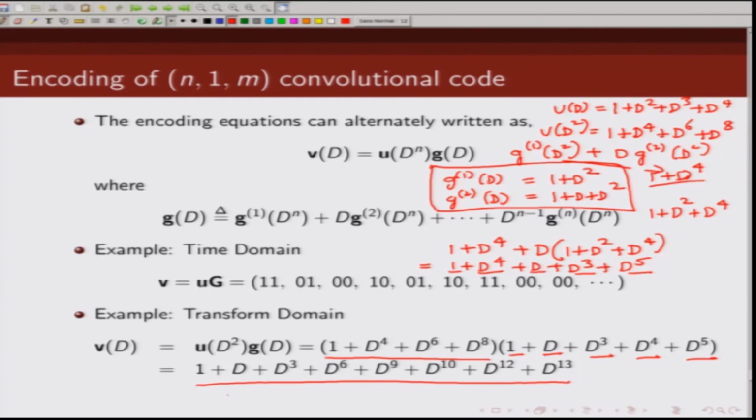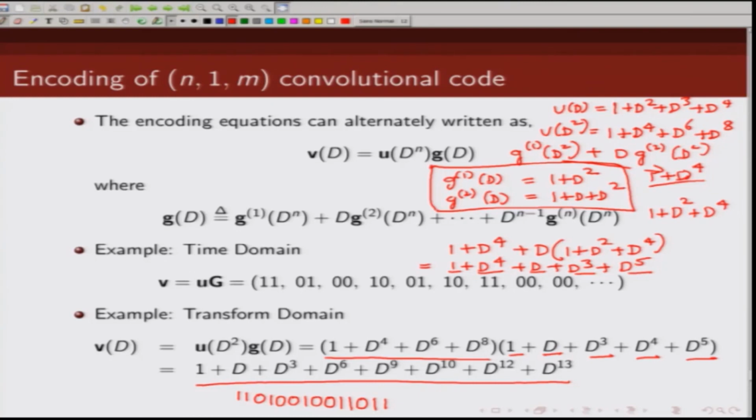What is 1? 1 is 1, D is this, D square is 0, D cube is 1, D 4 is 0, D 5 is 0, D 6 is 1, D 7 is 0, D 8 is 0, D 9 is 1, D 10 is 1, D 11 is 0, D 12 is 1, D 13 is 1. So this is our output sequence.